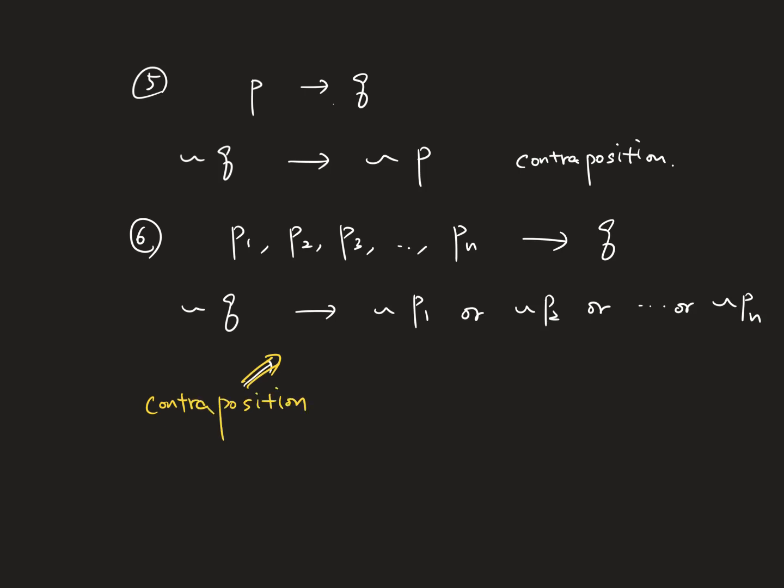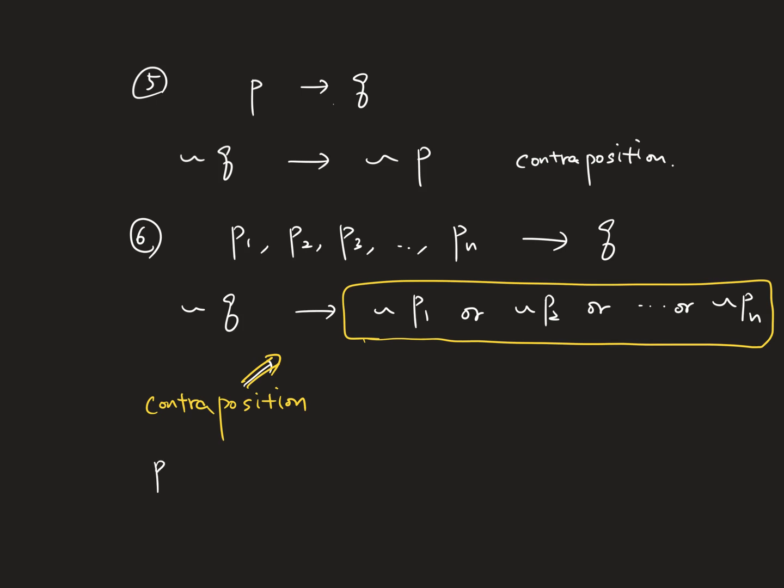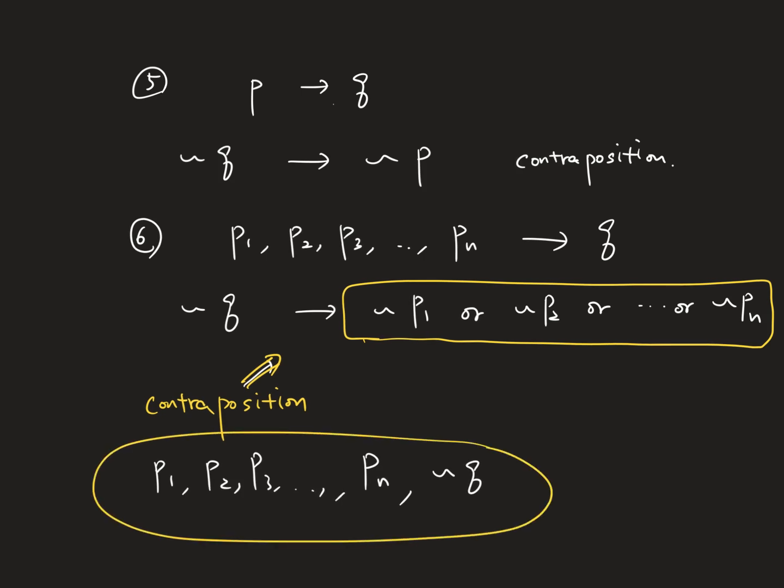Are you going to use this method? Because you see, this is so complex, so you don't want to use that. So what is the best way? The best way is that you think about P1 and P2 and P3 and so on, and Pn, and then you add not Q. So you assume that this one is true.